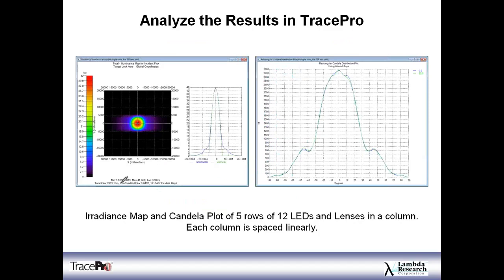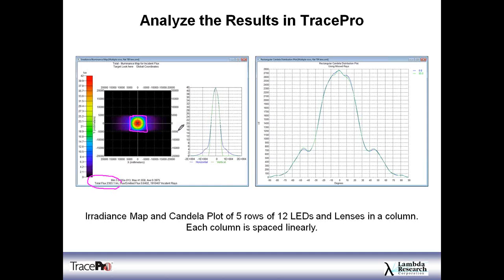If we look at our total flux, we're over 2,000 lumens. Problem is we're not really filling in these sides as well as we'd like to yet. We've got a nice big spot of light. The irradiance distribution doesn't look that different than a single LED. It's just more light superimposed on that point.